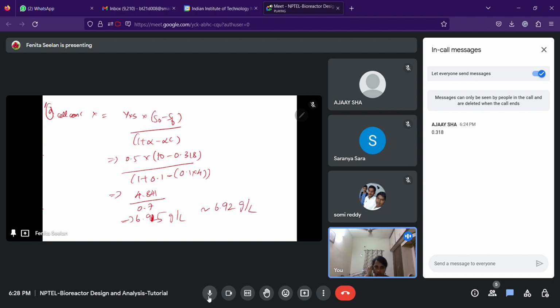So this is the cell concentration at the time of steady state.